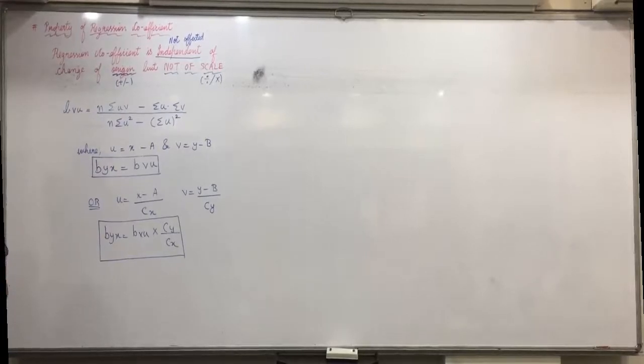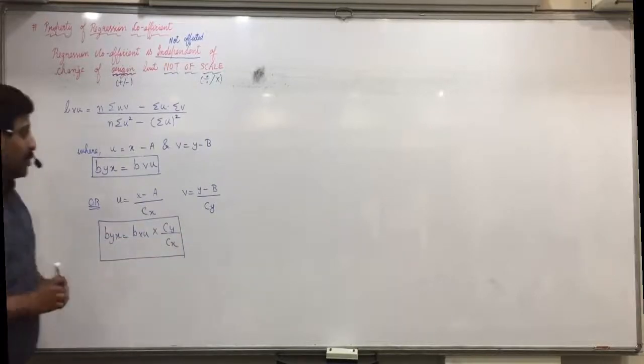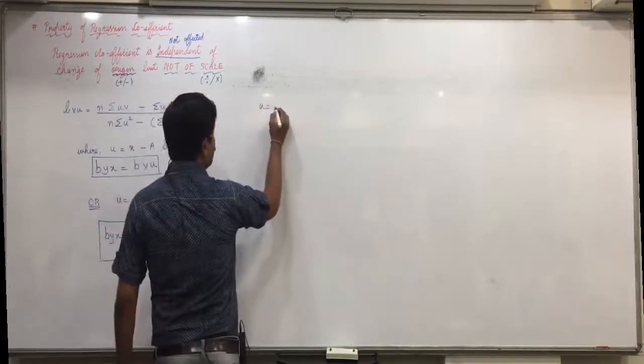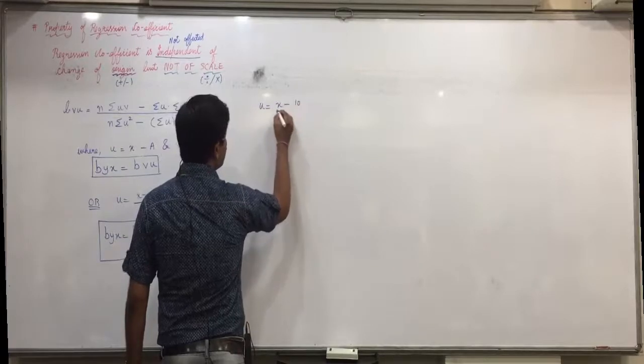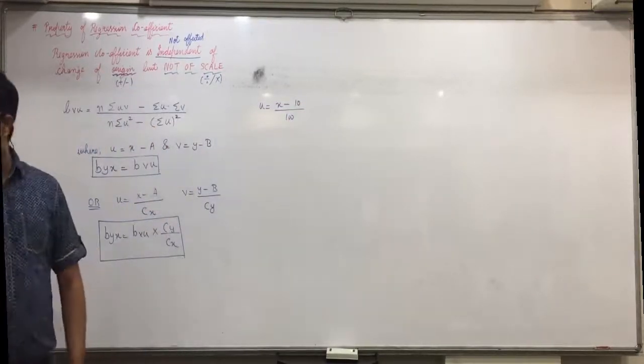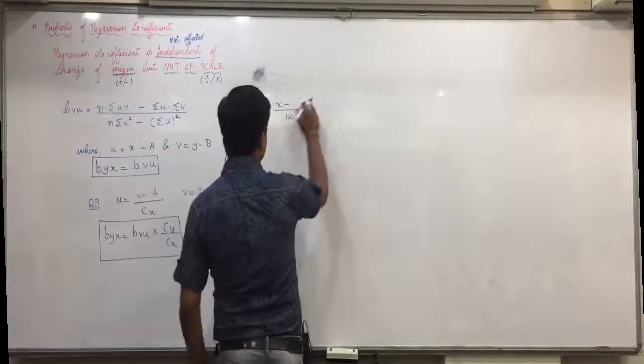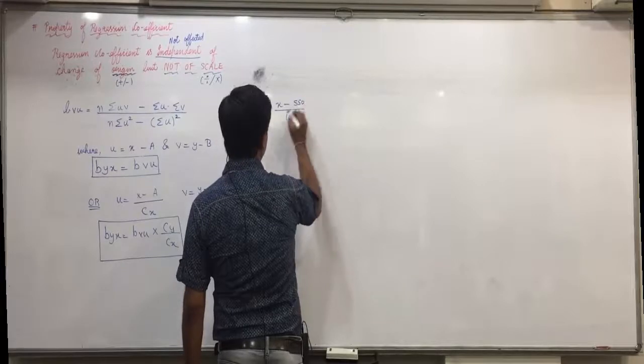Now one more thing. Some questions, if you remember, we had done where the values were in decimal, and we didn't divide but multiplied. Suppose we obtain U as X minus 550 divided by 100, since all the values have two zeros.